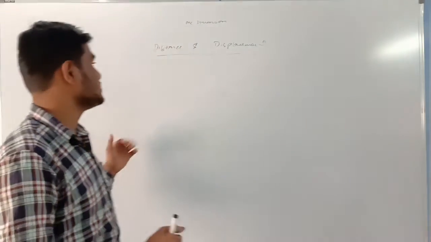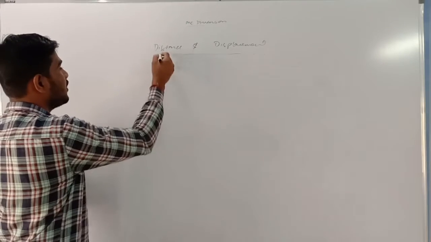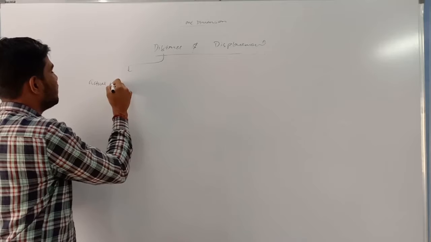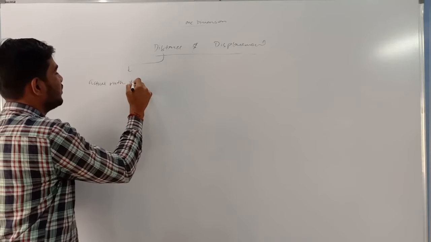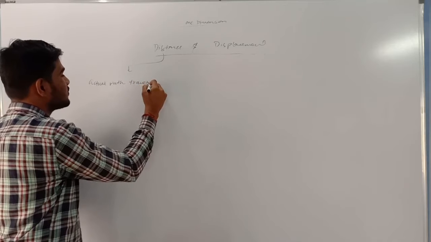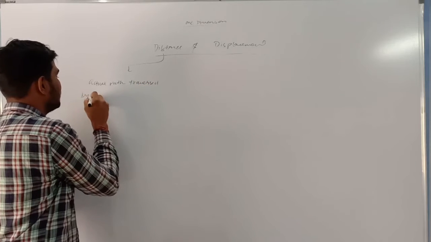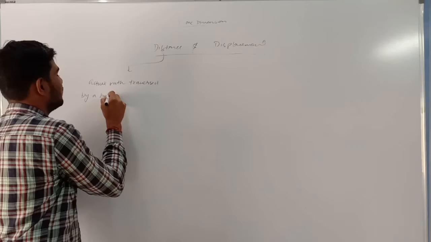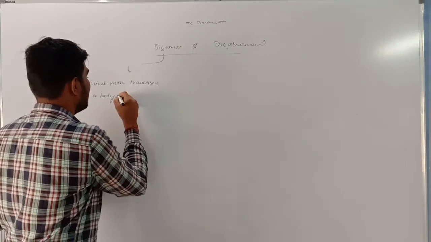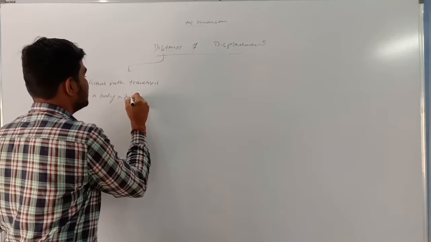Okay, so what is distance? Distance is the actual path traversed by a body between the initial and final position.